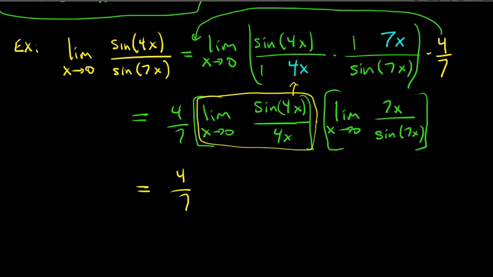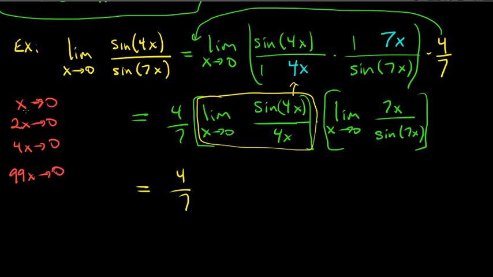But yeah, if x is approaching 0, 2 times x is also approaching 0. 3 times x is approaching 0. 4 times x is approaching 0. 99 times x is approaching 0. Maybe not as fast as x, but it still approaches 0.